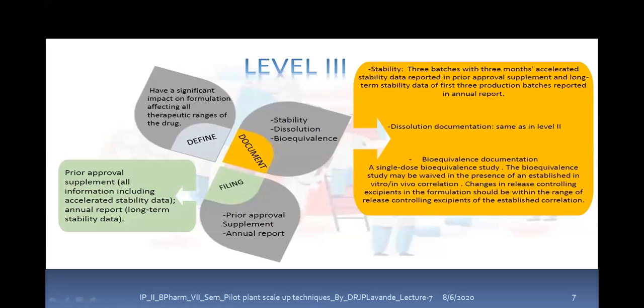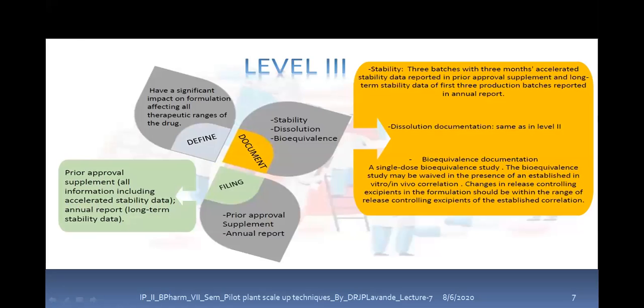As far as dissolution documentation is concerned, it is same as in level 2. And for bioequivalence documentation, a single dose bioequivalence study is required. A bioequivalence study may be waived in the presence of an established in vitro and in vivo correlation. Waived means it is skipped.